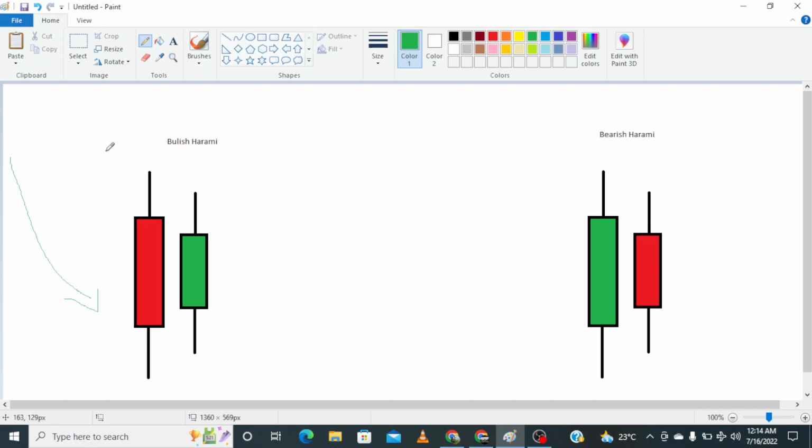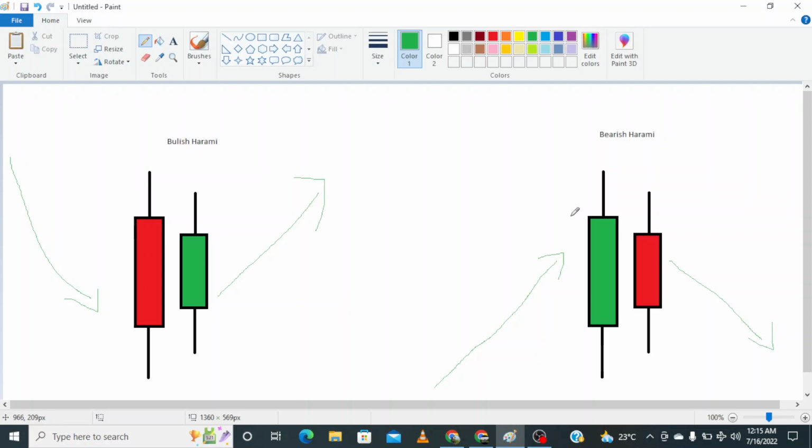If you see something like this, then the chances of the market going up are high. And the bearish harami, as the name suggests, if it is an uptrend and you see a bearish harami pattern formed here, the chances of the market falling down are legit.